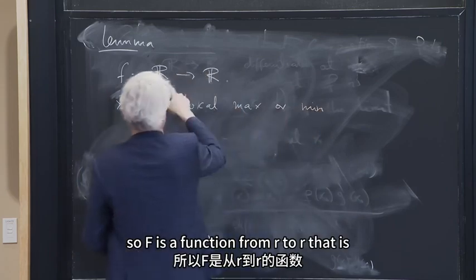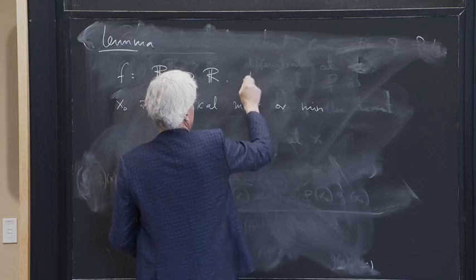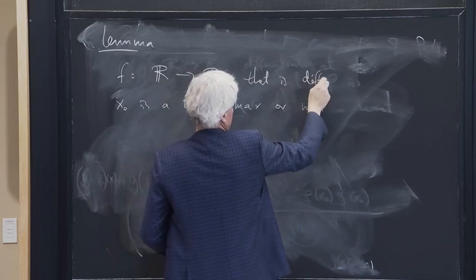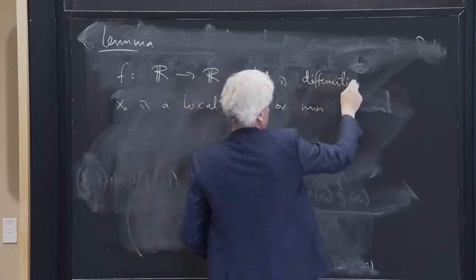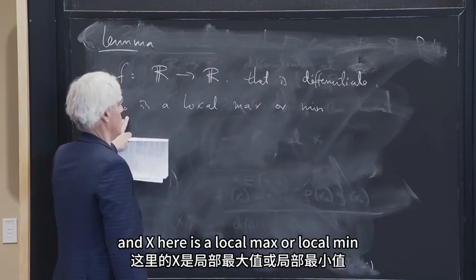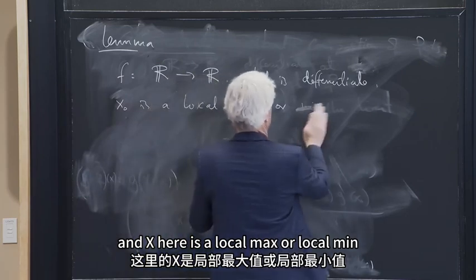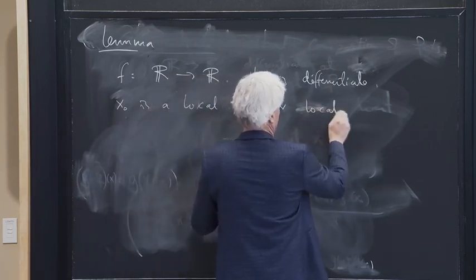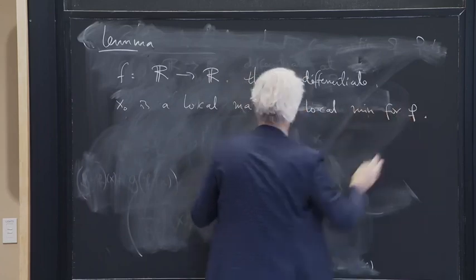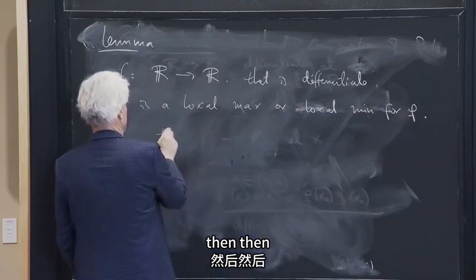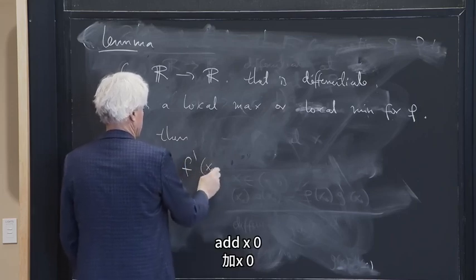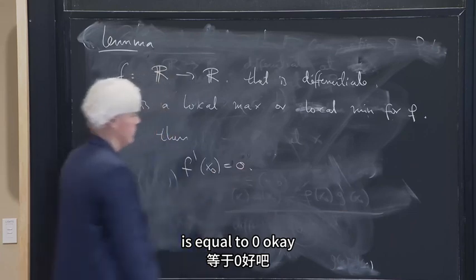So f is a function from R to R that is differentiable, and x0 is a local max or local min for f. Then the derivative at x0 is equal to 0.